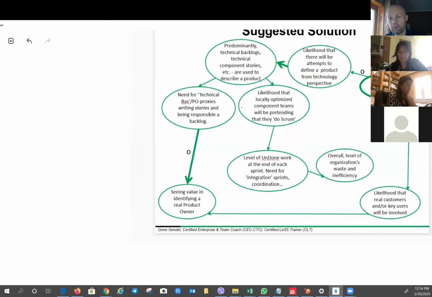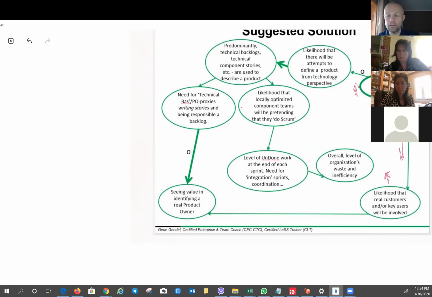So my argument is that with this kind of organizational goal, the first variable that comes into play is that proper and clear product definition exists. If so, then the next thing would be, let's go this way: the likelihood that real customers and or key users will be involved is much higher. So if this goes higher, this is going to go higher as well.